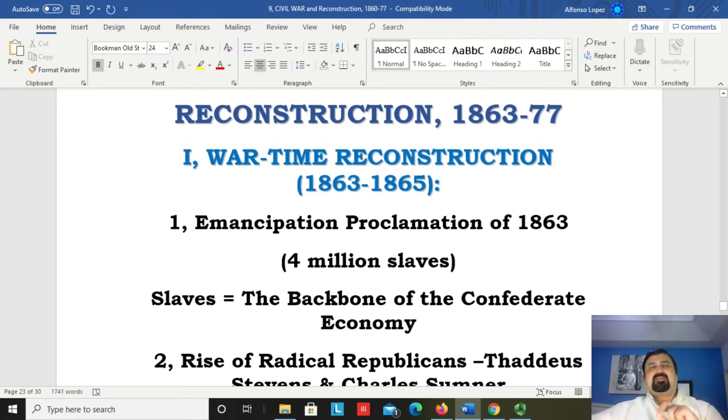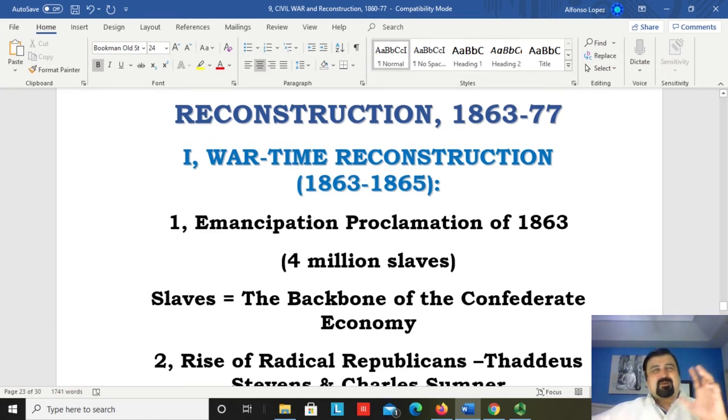Why 1863? Why is it that by 1863 we start the process of Reconstruction? It is because by 1863 there were sure signs that the Confederacy was going to lose. There were already food riots. It was evident that the Southern economy was experiencing severe financial problems, and food production was very, very scarce as well.